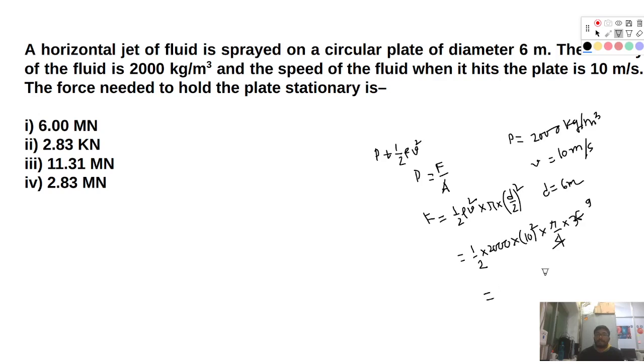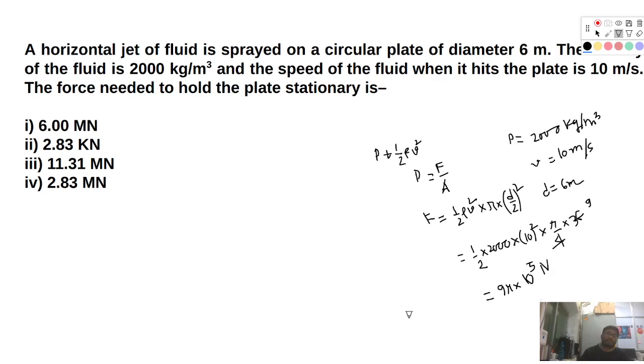So you can find there is a 9 pi into 10 cube, because this is 1000 and, sorry, 100. So this is basically 10 to the power 5 Newton.